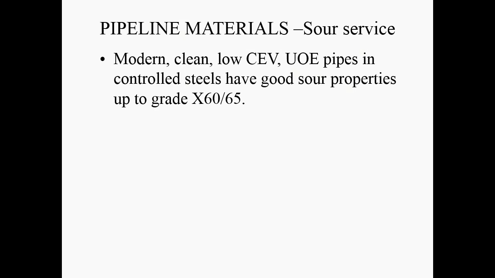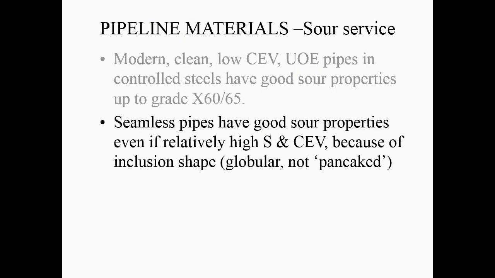But if you're going to these higher grades of steel, then we need to think about what you're going to do. So one of the problems I mentioned was a problem with welds. So reducing the number of welds is a way, if you've got a problem with sour service, so seamless pipes become more attractive under those circumstances.